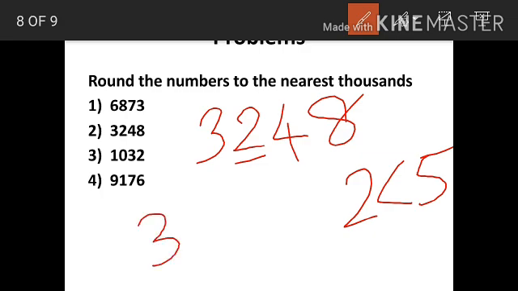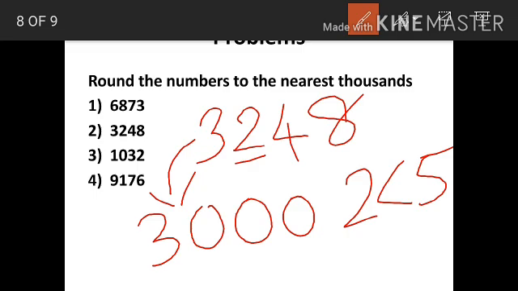Then what about the rest of the numbers? You have to put 0. So we'll put 0 for hundreds, tens and ones. So we'll get the answer as 3000. When we are rounding 3248 to the nearest thousand, we get the answer as 3000.